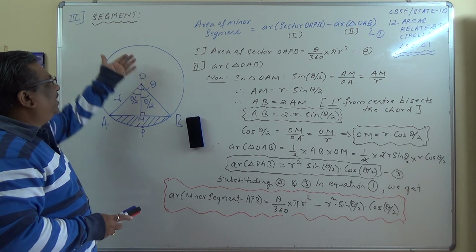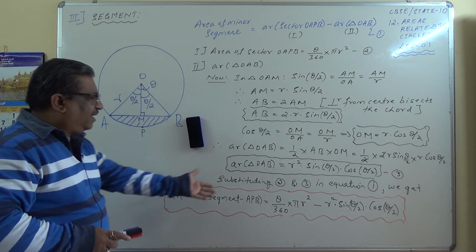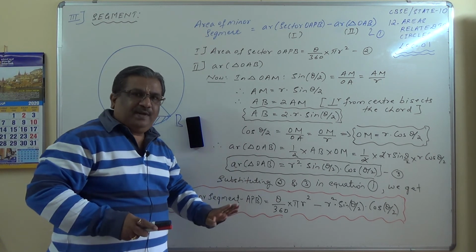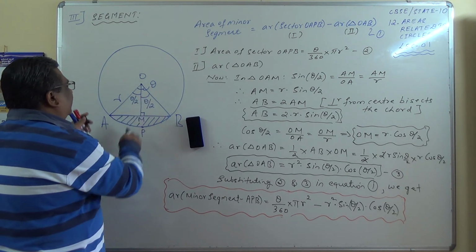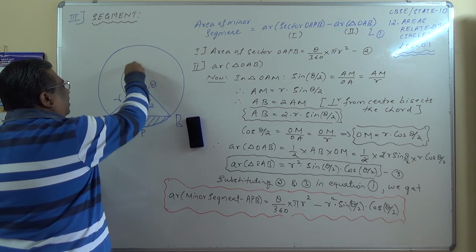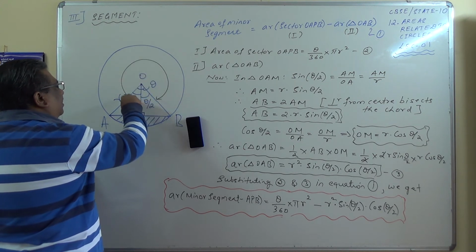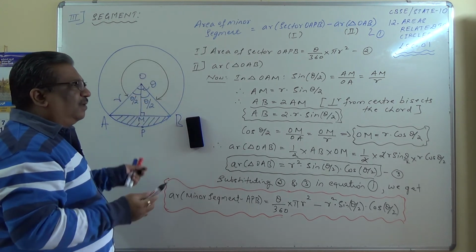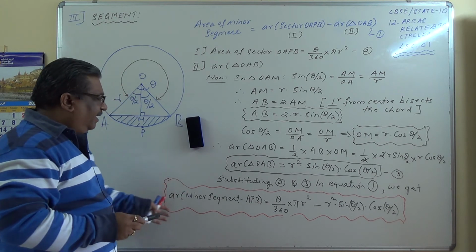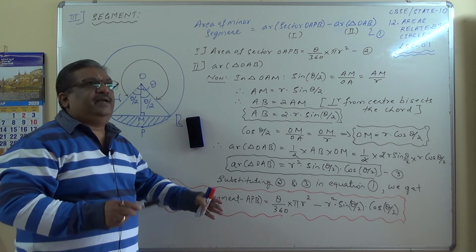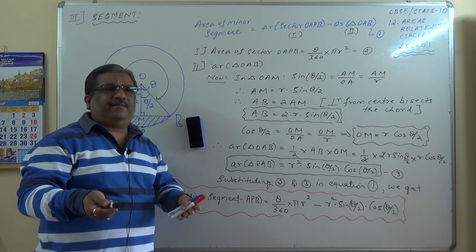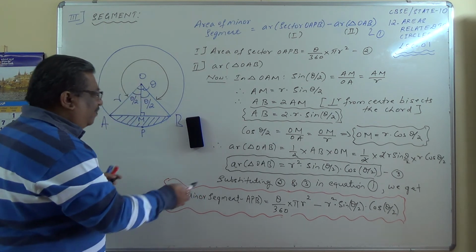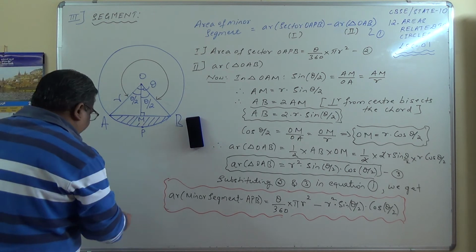What about the area of the major segment? Just change this theta and it is done. That means, if instead of theta I consider the major segment's angle, you can do it that way. Another way is to first calculate the area of the minor segment, then the area of the major segment is equal to the area of the circle minus the area of the minor segment. That is much preferable, which I'll write here also.